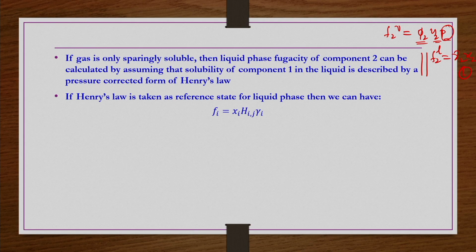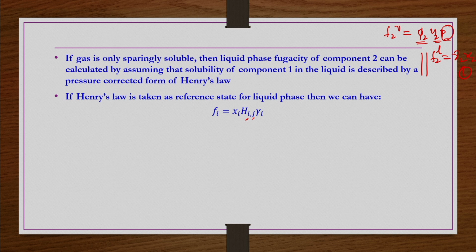So, when you talk about the unlike interactions, different reference states are possible, like Lewis Randall reference state, Henry's law as a kind of reference state, etc. If the gas is only sparingly soluble, under such conditions we can take Henry's law as a kind of reference state, and then under such conditions the FIL can be written as gamma I Xi Hij. Hij indicates solubility of J in I. J stands for solute, I stands for the solvent.